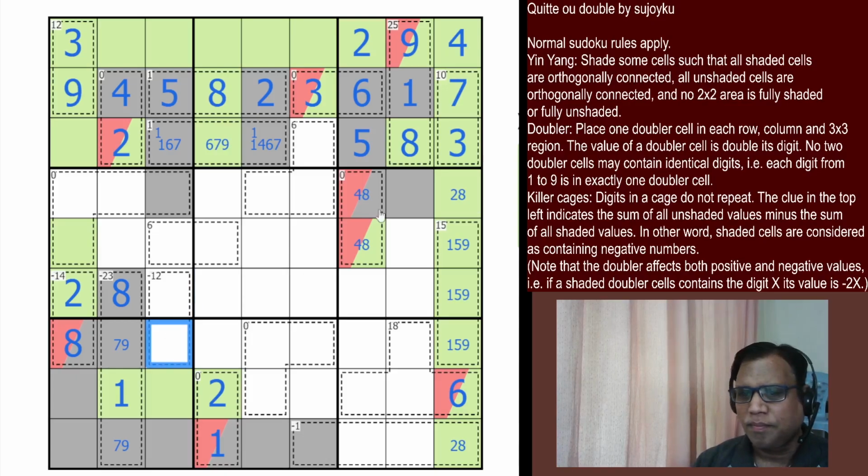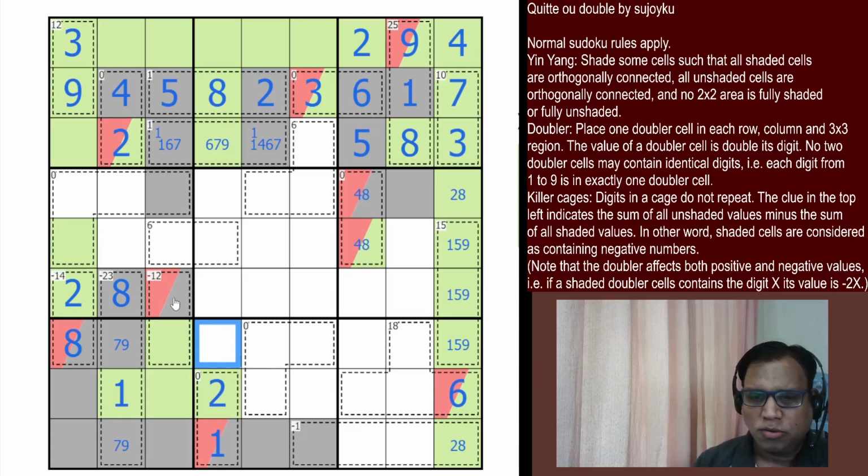But that means whatever is the negative value is going to exceed, because even if the positive value is 1, the negative value must be minus 13. So that means that has to be doubler. So there has to be doubler here, and where is that? It cannot be here. So this has to be doubler, this has to be negative, and this has to be positive to avoid the pattern. So now what is the possibility?